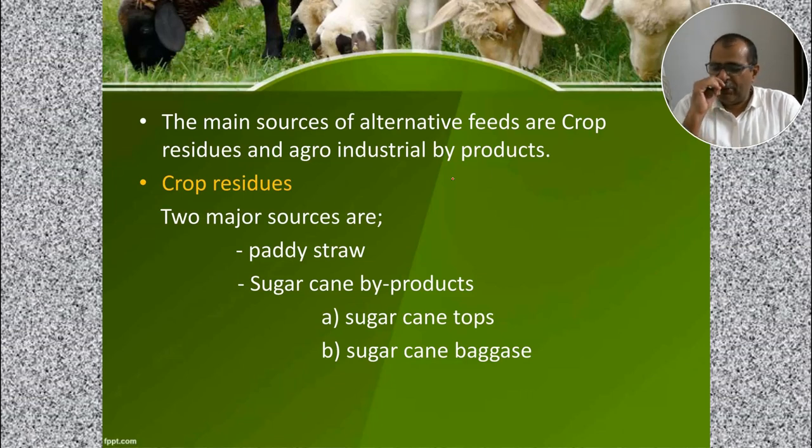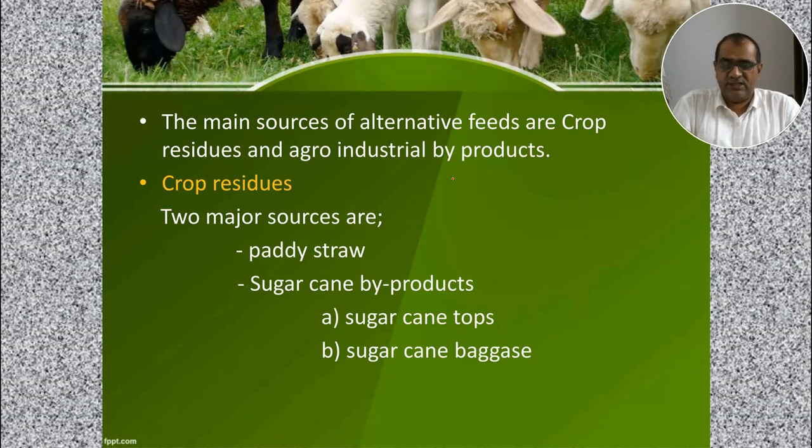The number one of these is crop residues and agro-industrial byproducts, and already we are using crop residues as a feed source for cattle. The crop residues are mainly classified into different types of straw, including paddy straw.